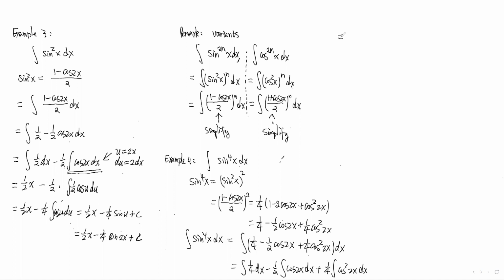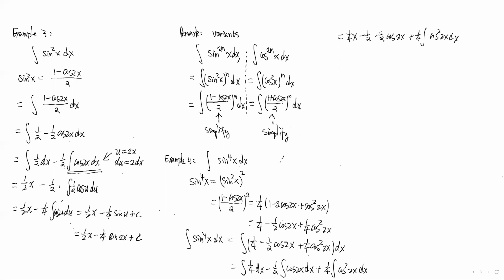So we continue to compute the first term. The antiderivative is 1 over this. The second term, I hope you know this. The antiderivative is half and half cosine 2x and plus 1 over 4 cosine 2x dx.